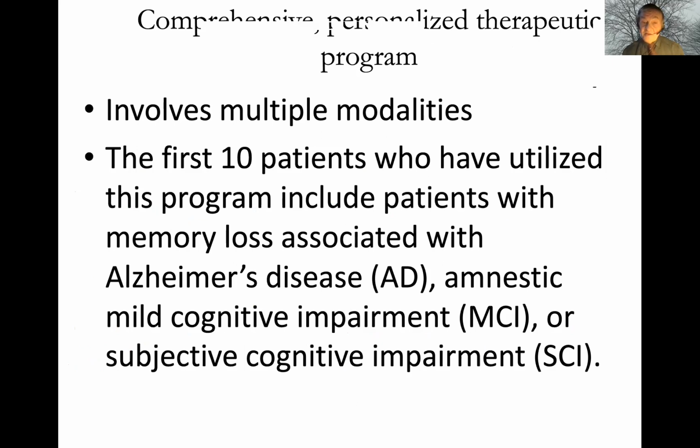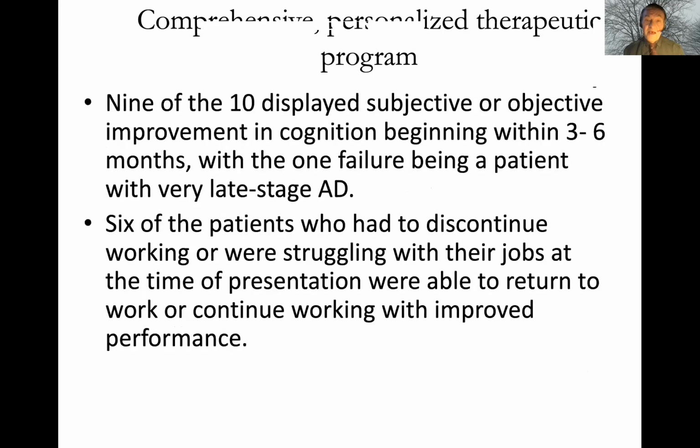Well, 9 of the 10 were able to reverse dementia. As a proof of concept study, this was very exciting because it showed that it was possible. And many of us did not believe that it was possible before this paper. The one patient who was unsuccessful was a very late stage Alzheimer's patient.